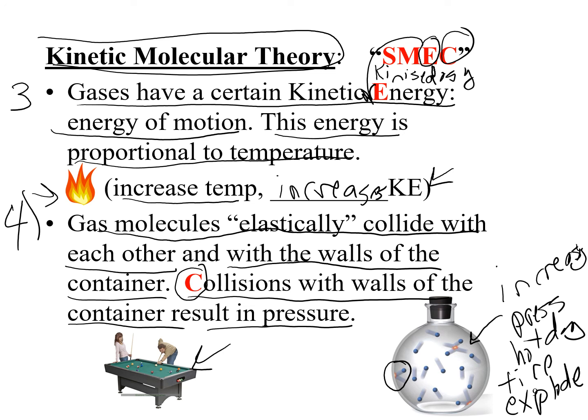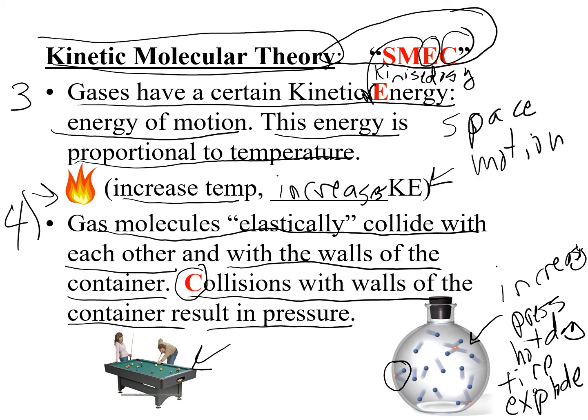So remember the 4 points of the kinetic molecular theory. SMEC: S is space, M is motion, they're in continual motion, E is energy for kinetic energy, and C is collisions. And those gas molecules colliding with their container result in pressure.